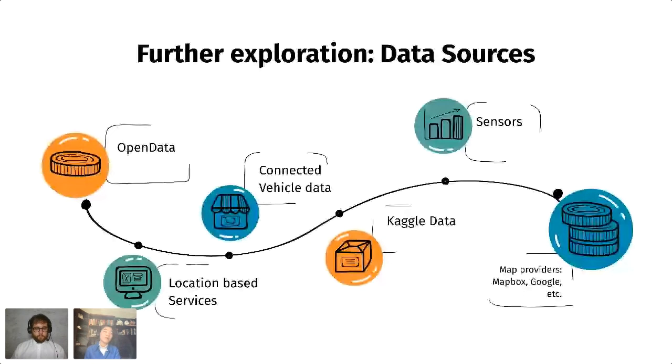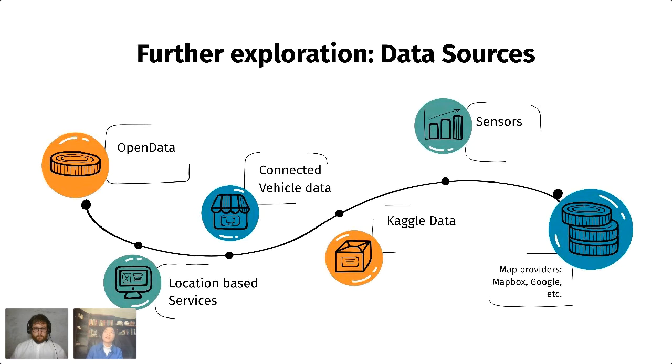And then some further exploration is the data source. If you are interested in this kind of data, where is the place that you can go and look for the data to start playing with it, right? One of the first ones I always suggest people look at is open data. Almost every government has some open data, which is data that they publicly share with the citizens of the cities, or with everyone, so everyone can look at the data.